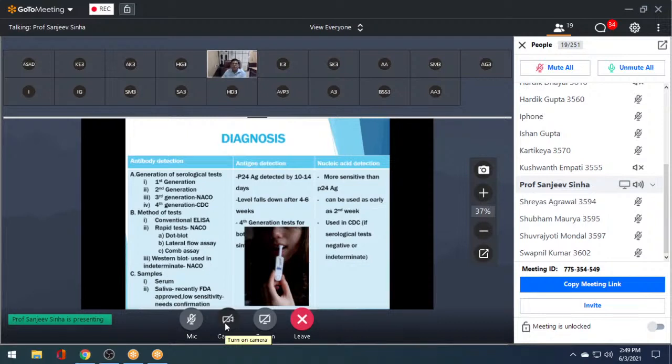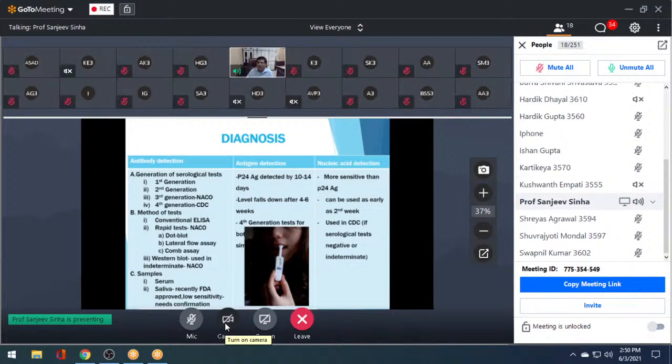Coming to the antigen detection test, we have the p24 antigen, detected by 10 to 14 days, and this we mostly do in the child or pediatric age group. Then we have the nucleic acid test, which can be used easily within 2 weeks, and this is also approved by CDC.